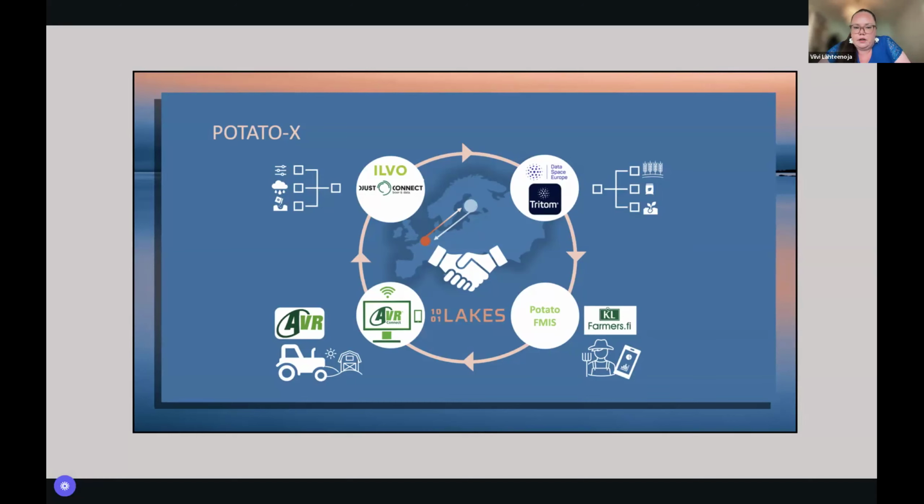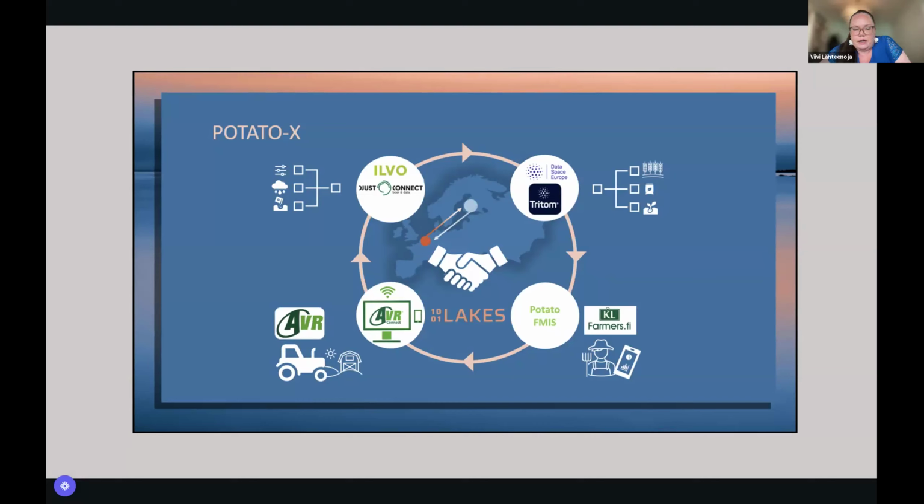And he also has AVR machinery on his farm. Now, AVR machinery comes connected with a cloud service called AVR Connect, where machine use data gets uploaded and can be accessed.